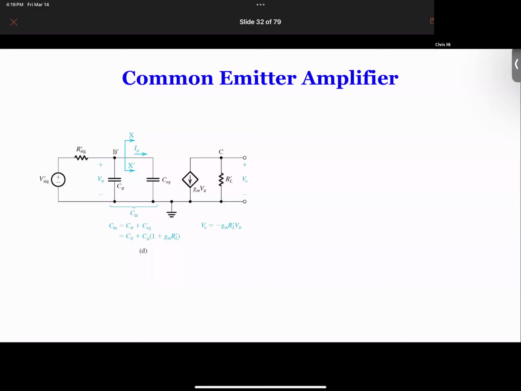You see, this equation is exactly identical. And plus C pi, you get the C in. And using C in, you can get your frequency. So your frequency basically is your frequency response. Your FH is eventually going to be 1 over 2 pi C in times R sig. Right? Just make sure I write the right thing. Okay, so.